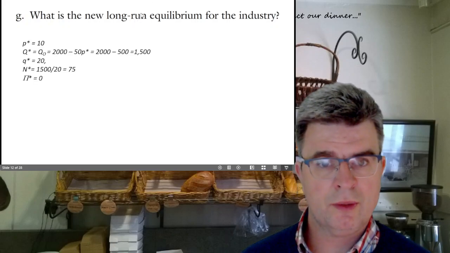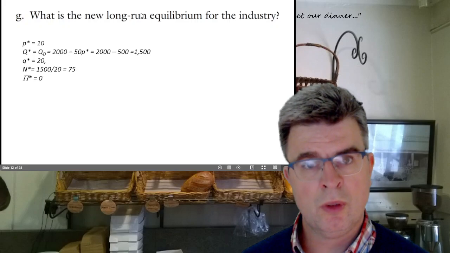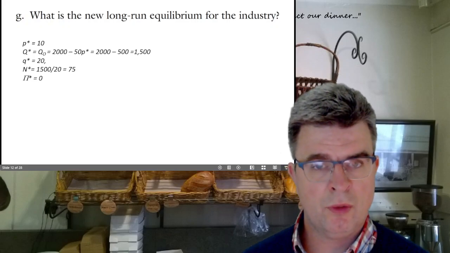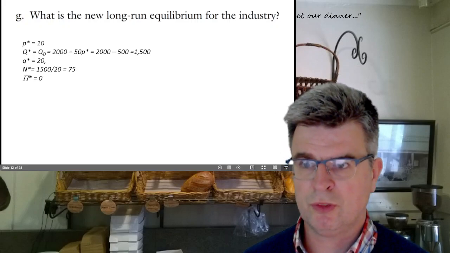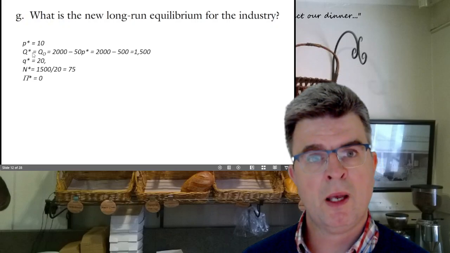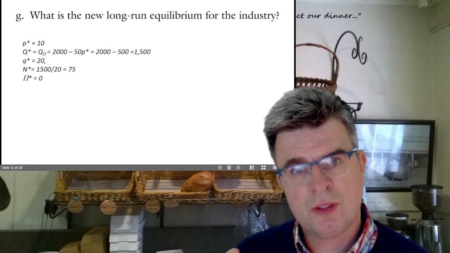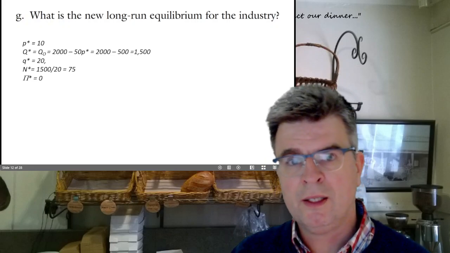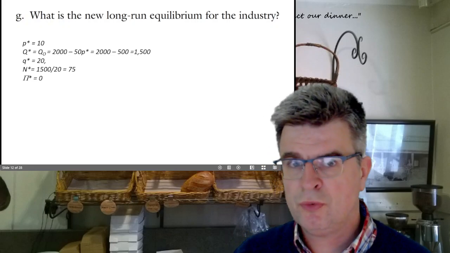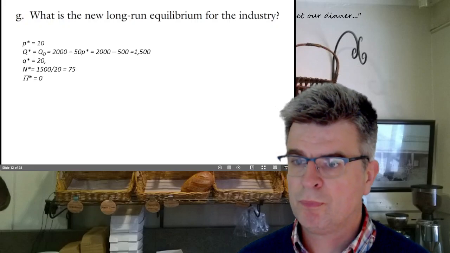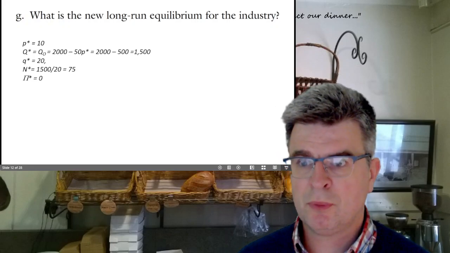In the long run, entry will continue up to the point where none of the active firms will make a profit. So in the long run equilibrium, prices will again go to 10, because we already had in question A that the long run supply is a horizontal line. It's perfectly elastic. So long run equilibrium price is equal to 10.